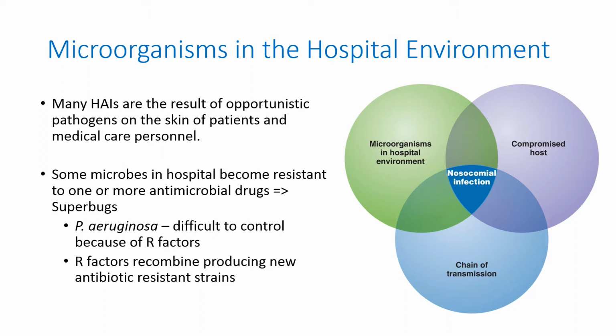In addition to the number of microbes in these hospital-like environments, some microbes are going to become antibiotic resistant to 1 or more drugs. We call these resistant microbes superbugs. And they become resistant because you have a bunch of potential hosts who are all on different antibiotics.